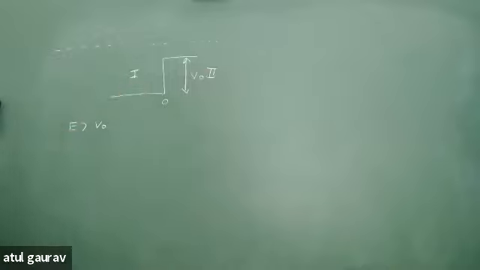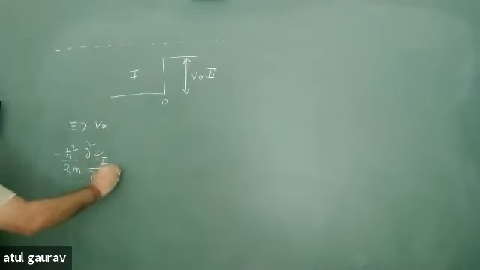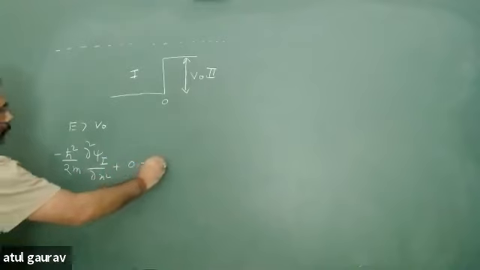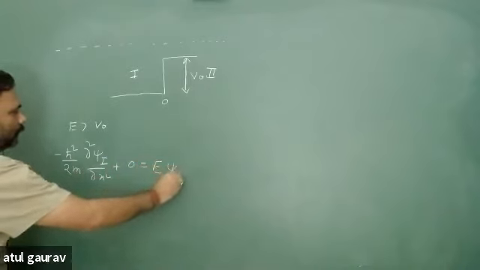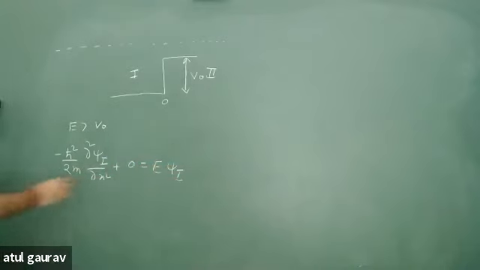Region 1 is a free particle, isn't it? So I can write minus h cut square upon 2m, del square psi 1 upon del x square, plus potential is 0, is equal to E psi 1. And you can just find this, I have just solved it right now.